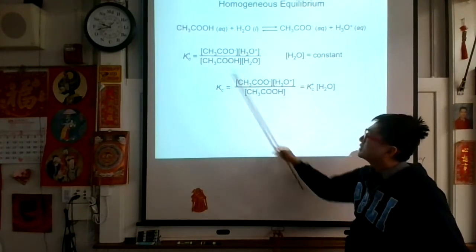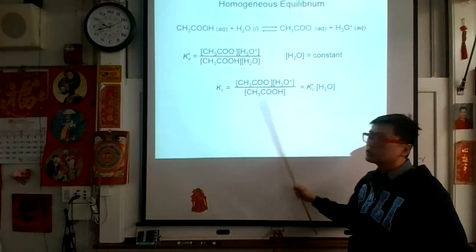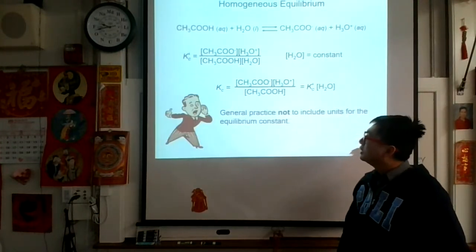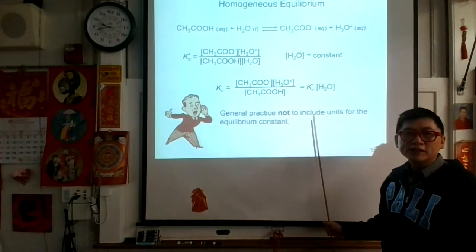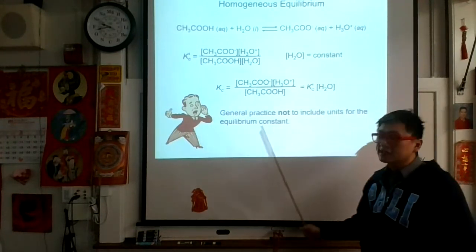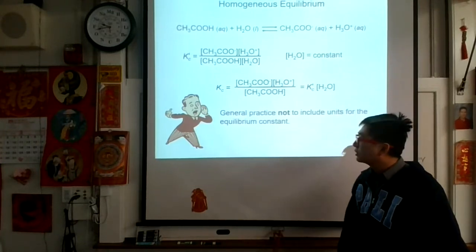This is Kc prime, which is a constant times a constant, so it's just one big constant. And in general, again, reminder, we do not include any units in the equilibrium constants.